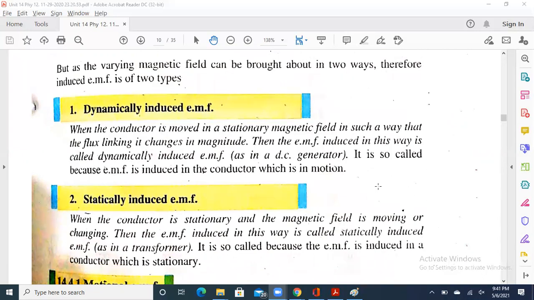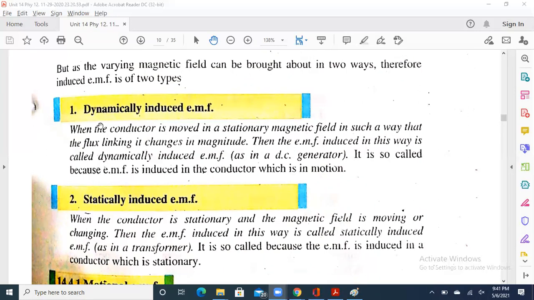How can that relative motion be done? Either by the movement of the magnetic field or by the movement of the coil, if their distance is being changed. So there are two types: you can move the magnet or magnetic field, or you can move the coil containing the circuit.